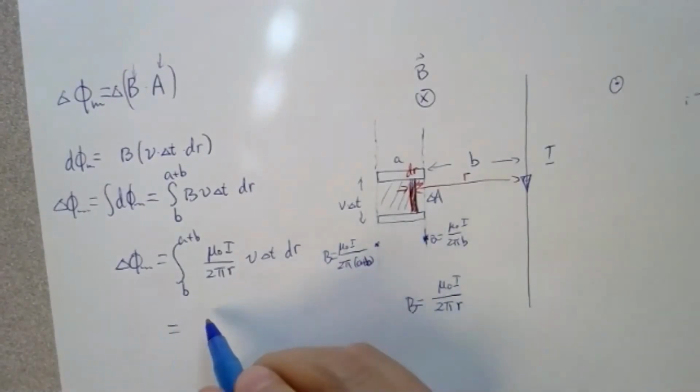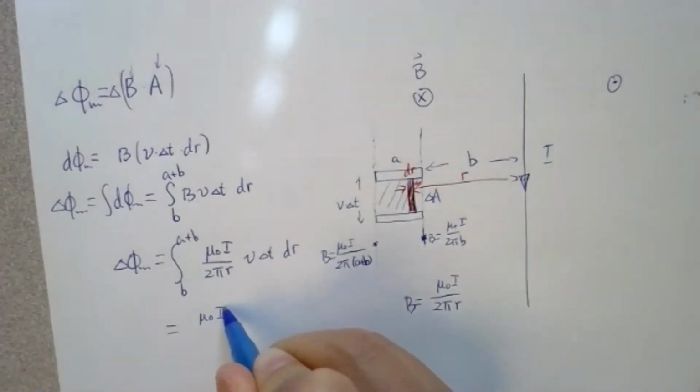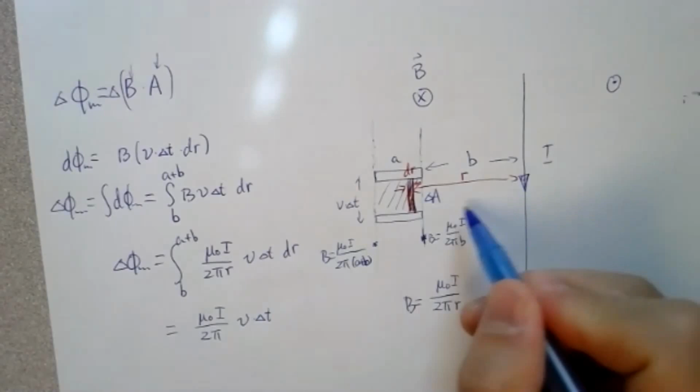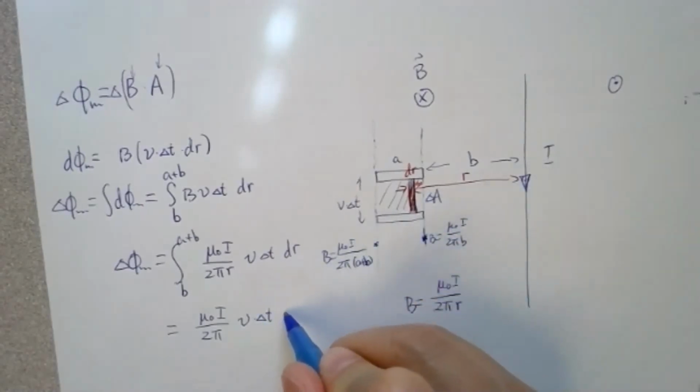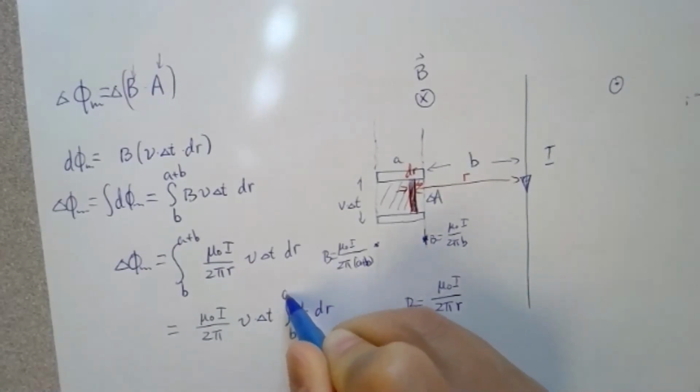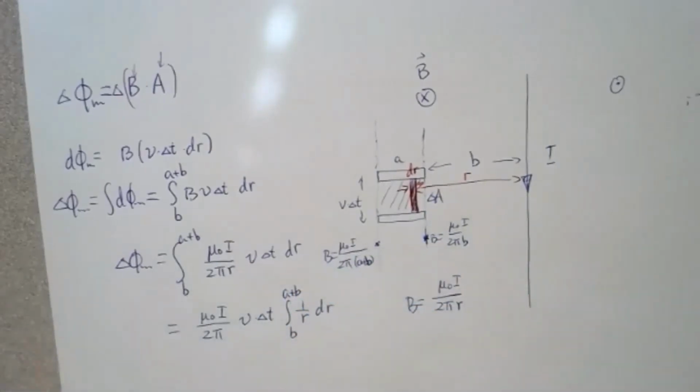You can put the constant terms in front of the integration. So mu naught I over 2 pi, and v is not related to the r distance, delta t is not related to that either, but 1 over r dr from b to a plus b.